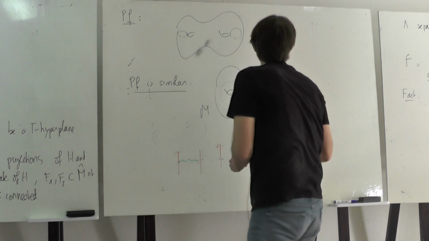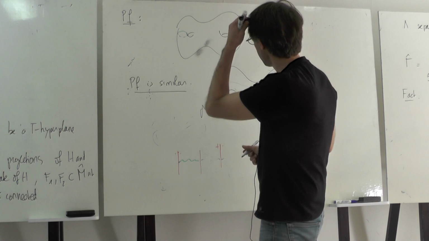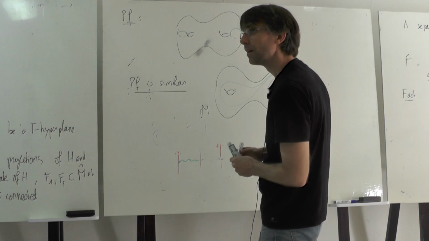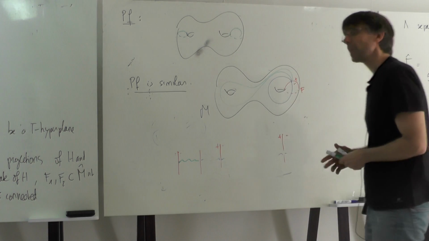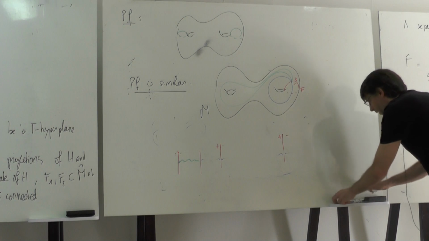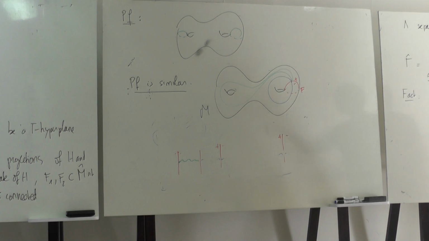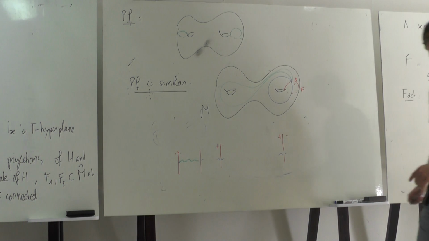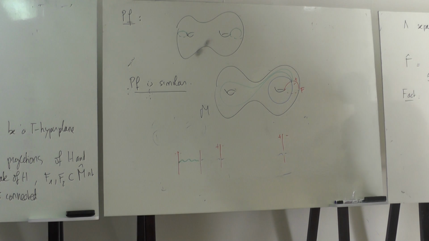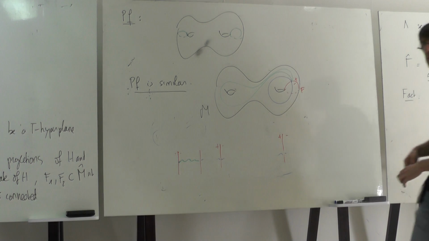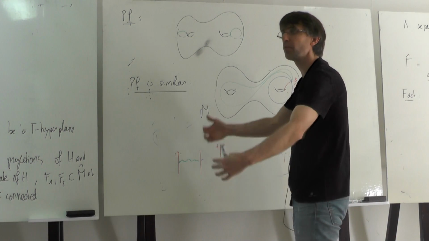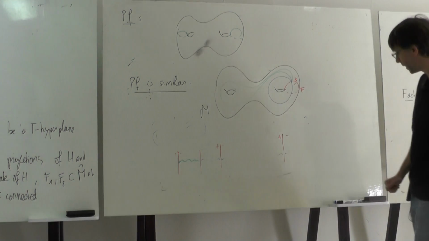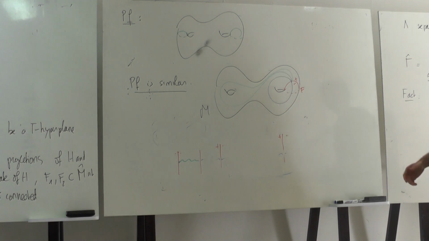Nicolas, so you have some HNN extension, make a product, so it acts on a tree. Yeah, you could use this. I will say this was used by Alex, in fact, to give a proof of that. But I wanted something very explicit where you can find the two embedded surfaces that are non-separating.